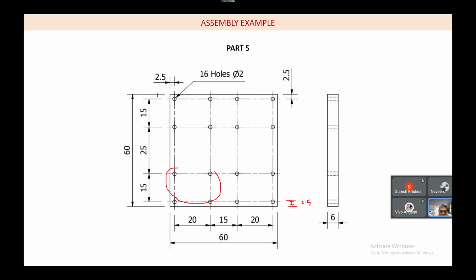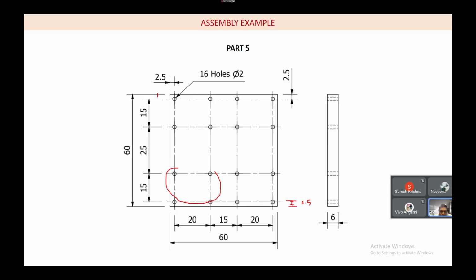So again pattern, select this. All 4 are selected along one direction. Switch the direction, 40. So we can see that now all 16 holes are now drilled. So let us now look from the top.